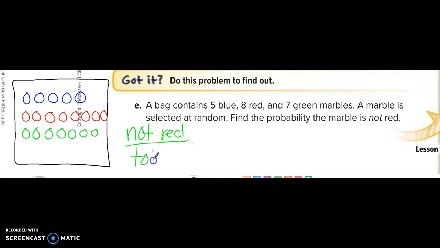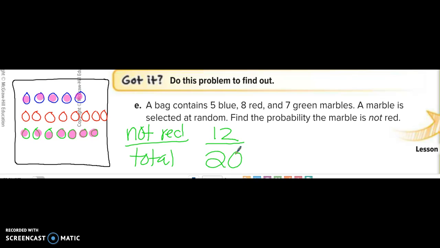And we still need to put that over our total. So all of the ones that are not red: 1, 2, 3, 4, 5, 6, 7, 8, 9, 10, 11, 12. I have 12 marbles that are not red.